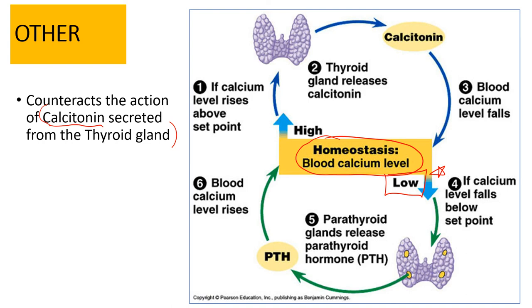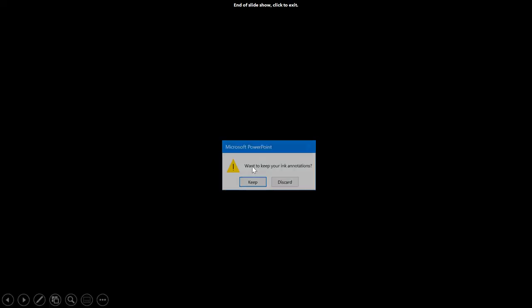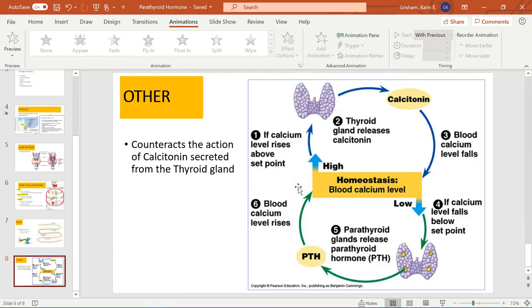If calcium levels are low, from the parathyroid gland, you will get parathyroid hormone. Parathyroid hormone acting on those 3 organ systems will result in a raising of blood calcium levels, and that's going to return it back to homeostasis. So a really nice example of negative feedback. And that's the end of parathyroid hormone.